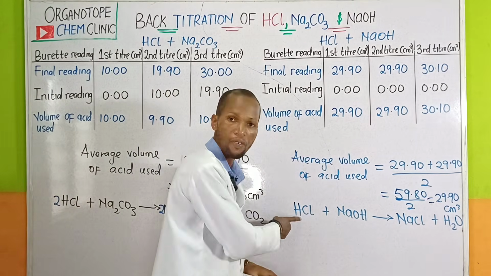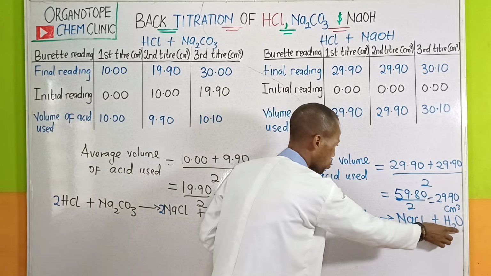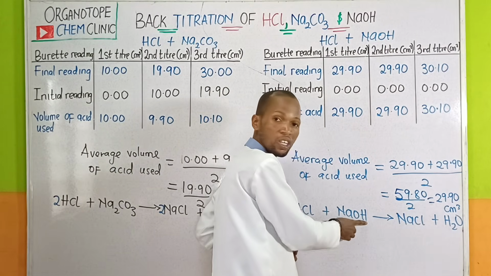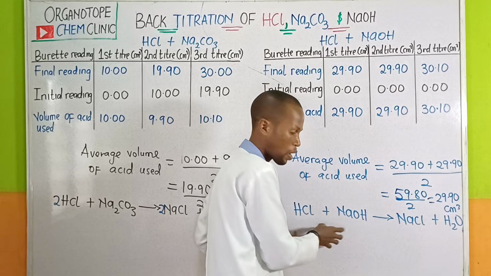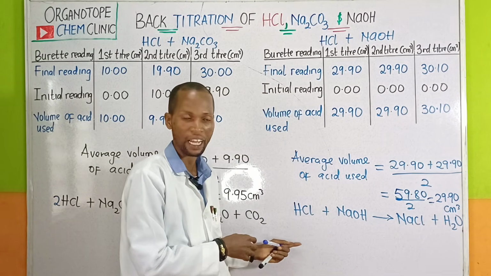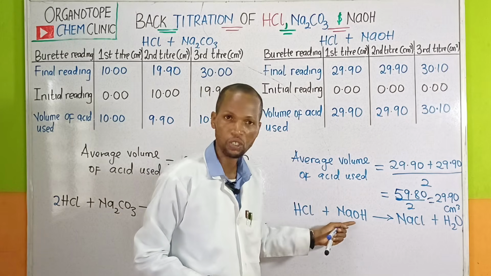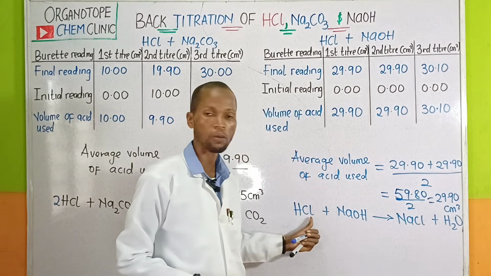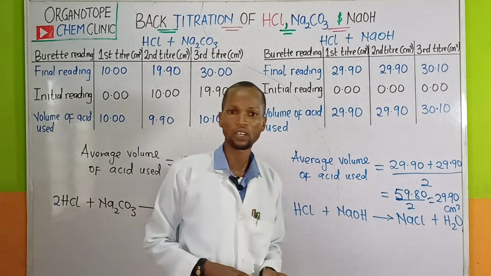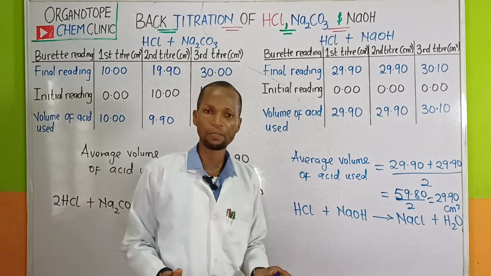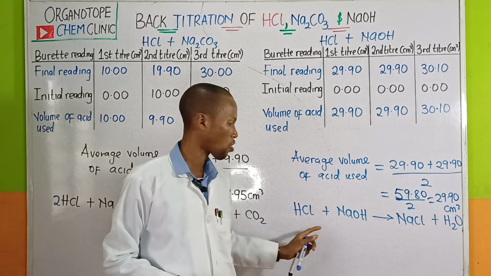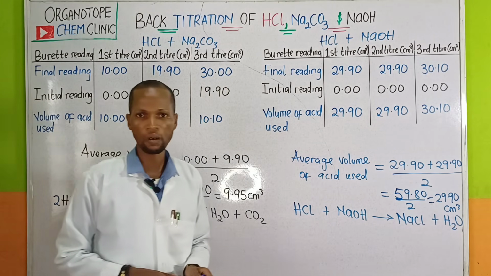We have two atoms of hydrogen on the reactant side, then two atoms of hydrogen on the product side. One atom of sodium, one atom of sodium. One atom of chlorine, we have one atom of chlorine on the other side. So we have a balanced chemical equation for the reaction of hydrochloric acid with sodium hydroxide.